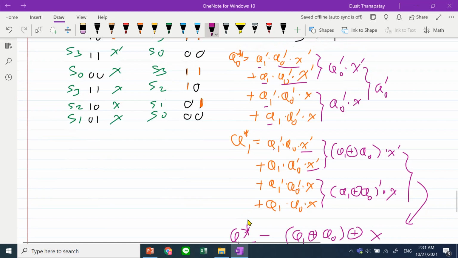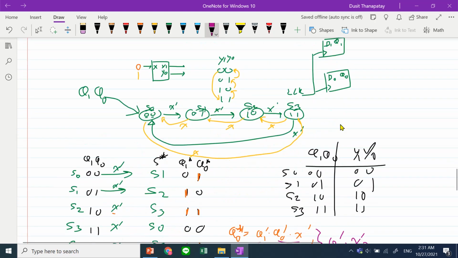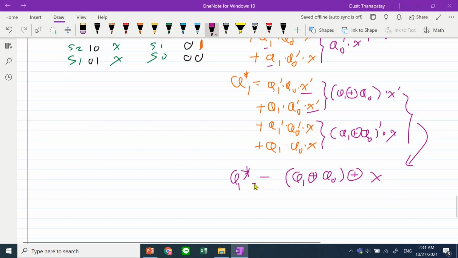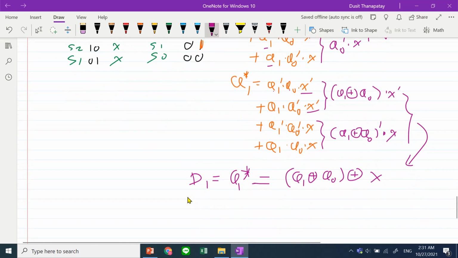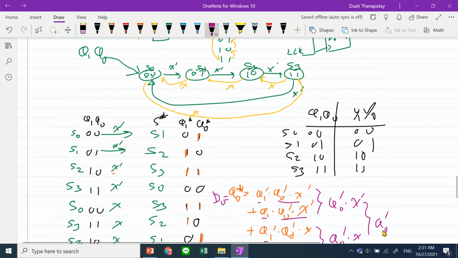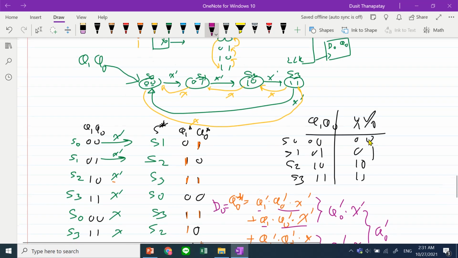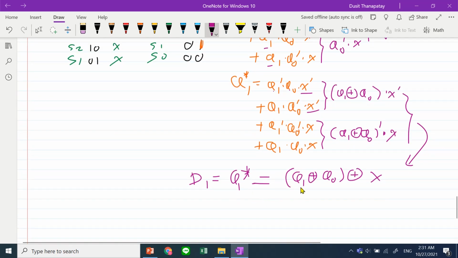And if you use D flip-flop as the memory, the same expression applies for D1 and D0. Namely, D0 is Q0 prime, and D1 is the XOR.